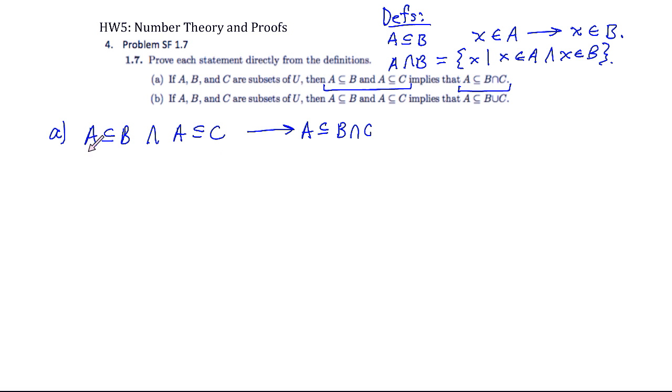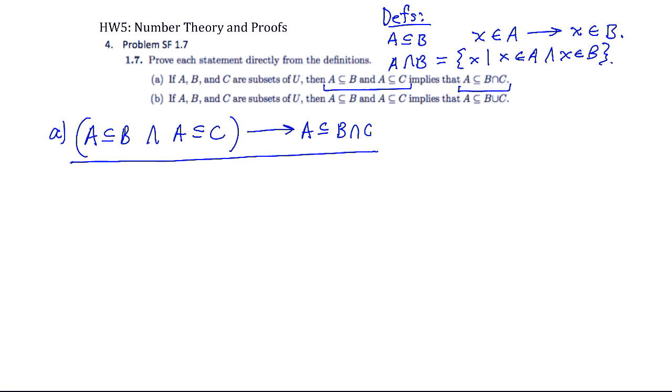I can't have A being a subset of B and A like that; there's no way to interpret an "and" symbol between two sets. So I don't really need parentheses here, although I could add them. Maybe it makes it clearer.